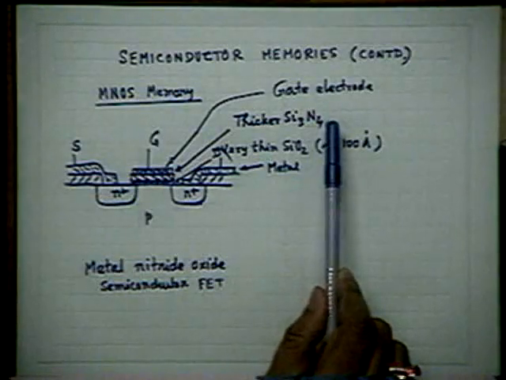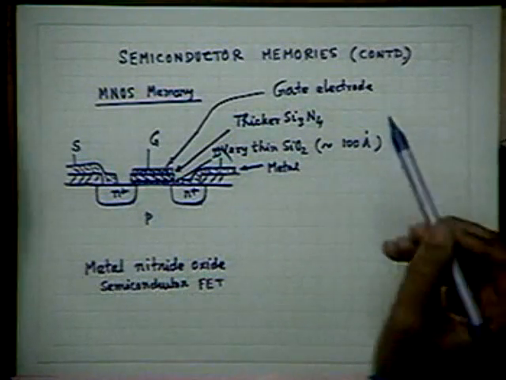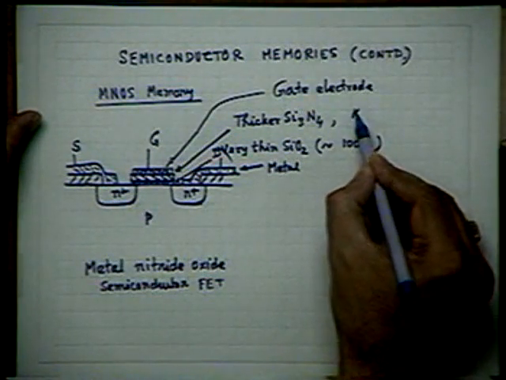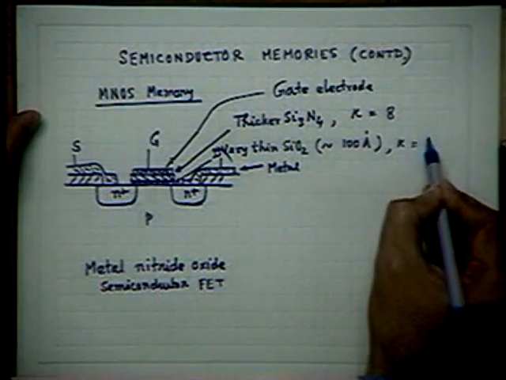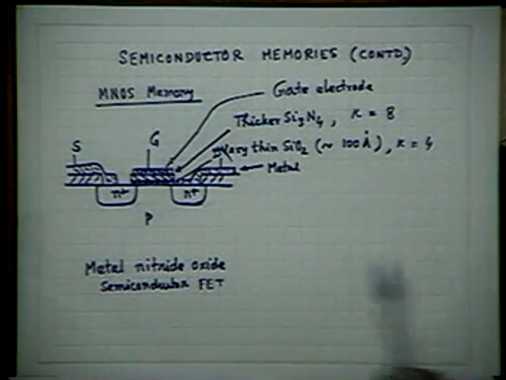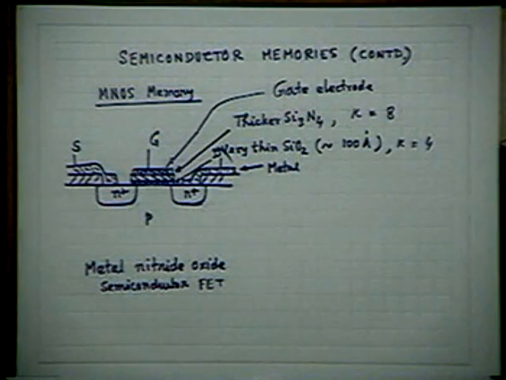In this case, because silicon nitride has a much higher dielectric constant compared to silicon dioxide, with kappa equal to 8 for nitride and 4 for oxide, nearly double, it can be shown that though the nitride on the top is thicker, its capacitance will not be that high.